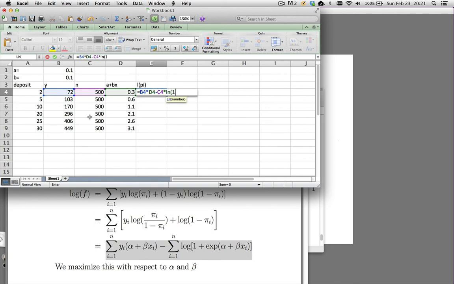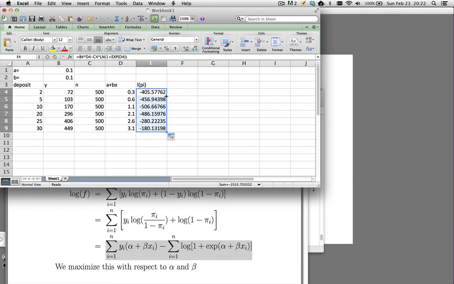And this is going to be 1 plus the exponent of my linear predictor. Now let's copy this down. And so the total log likelihood for my entire data set is going to be the sum of all these, so the sum of E4 through E9.